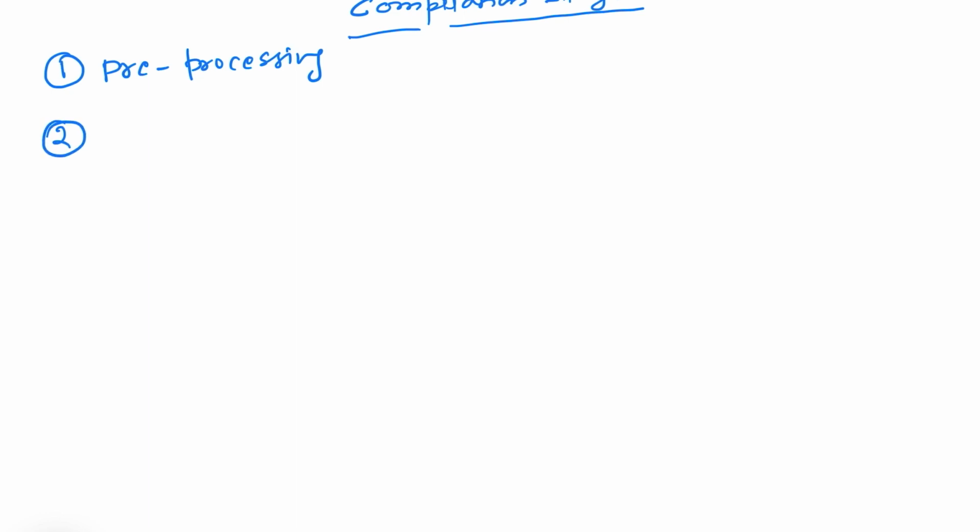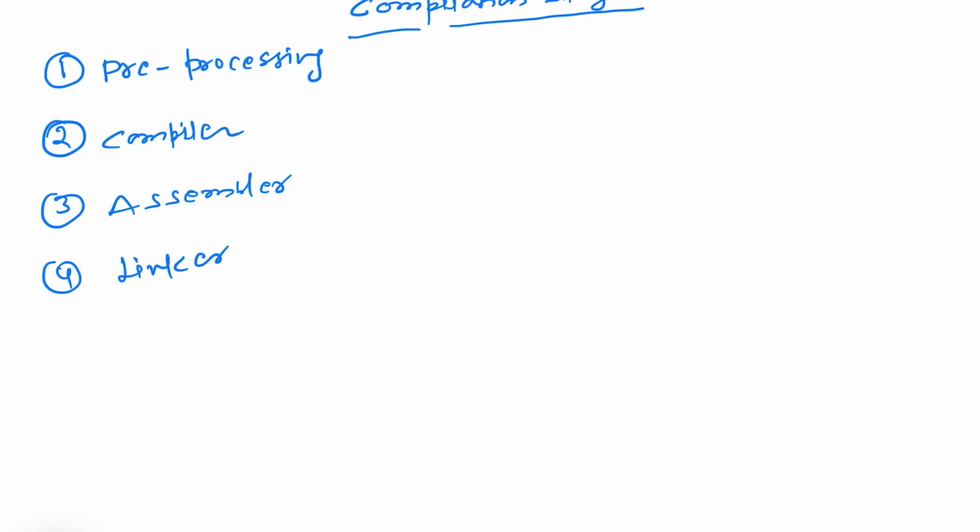Second is compiler. Third is assembler. Fourth is linker. Basically, we are having these four stages.